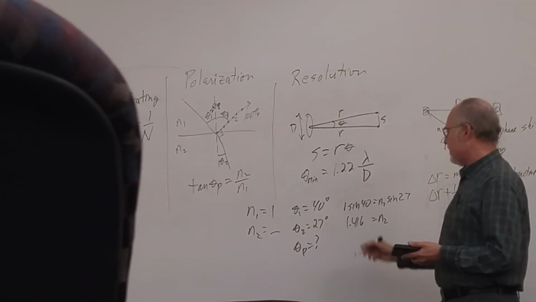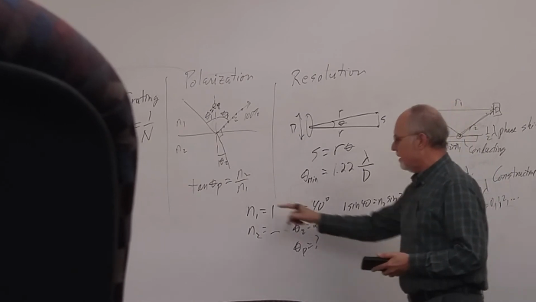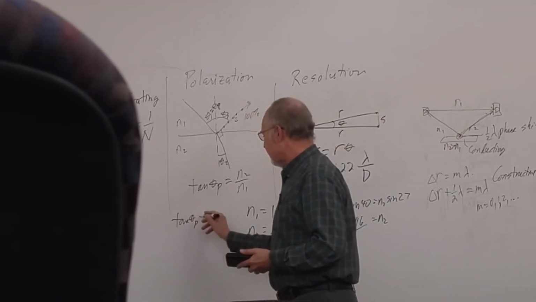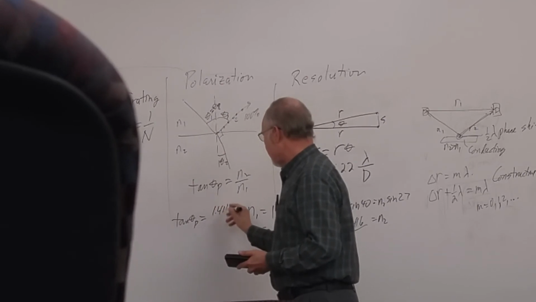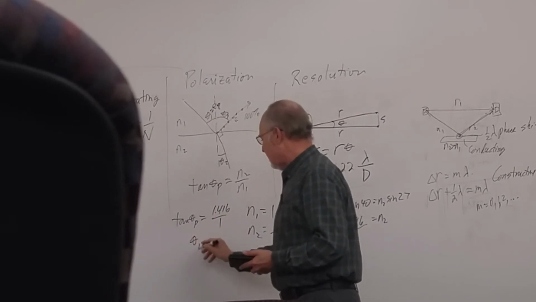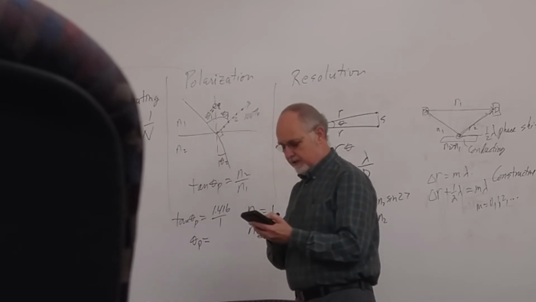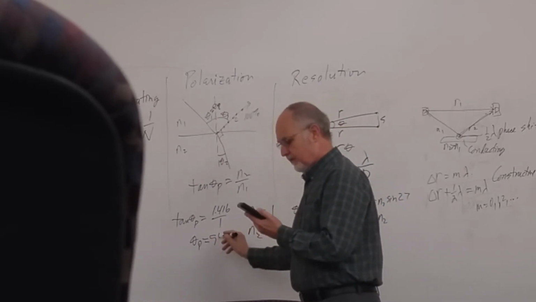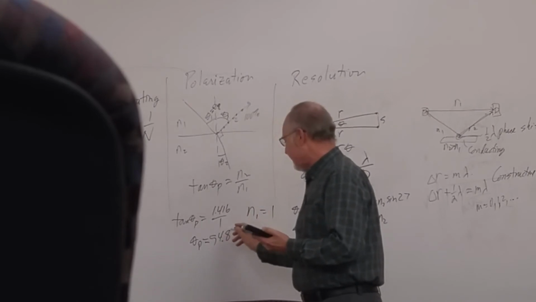And therefore the polarizing angle, go to this equation, say that tangent of the polarizing angle is 1.416 divided by 1. And so the arctangent of that index is now 54.8 degrees, rounded off.